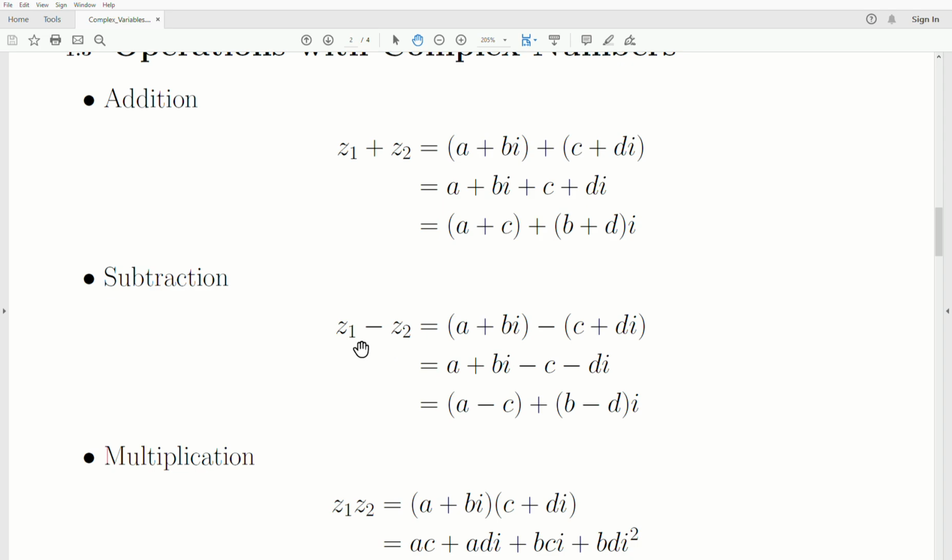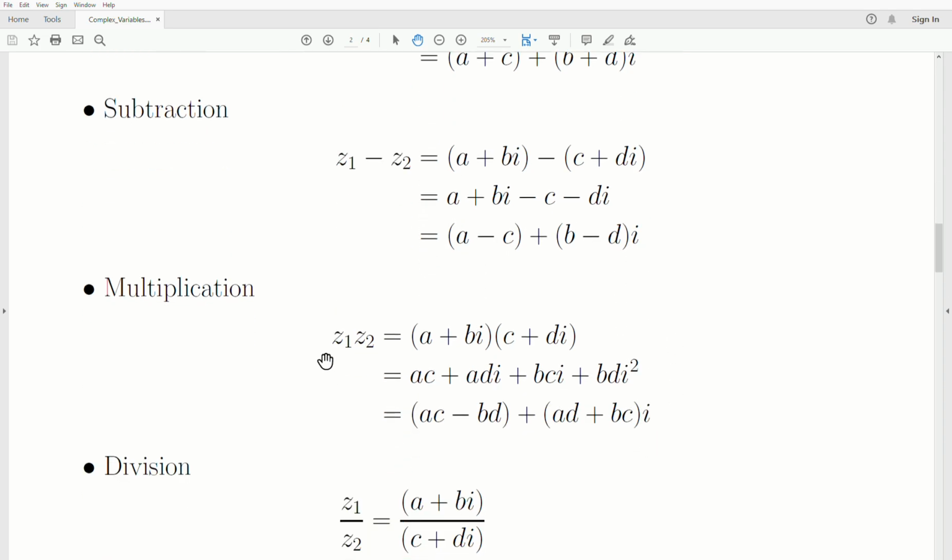Subtraction works very similar. If we subtract two complex numbers, we essentially subtract the real part and then subtract the imaginary part, and then that's the new complex number. Multiplication of two complex numbers, so Z1 times Z2 would be in this form. And the process is the FOIL method: first, outer, inner, last. You take A times C, A times DI, and then you take BI times C, and BI times DI.